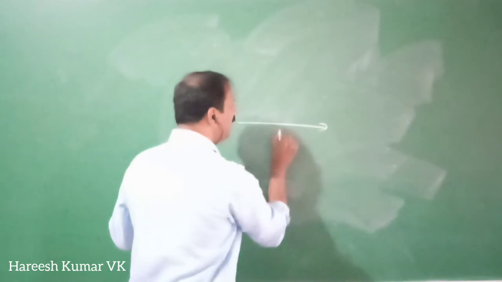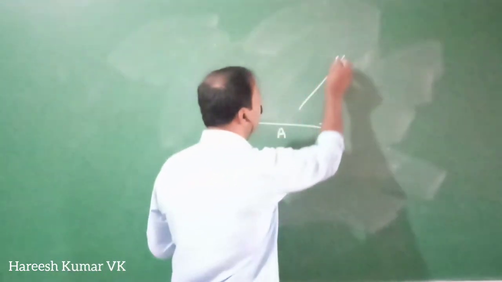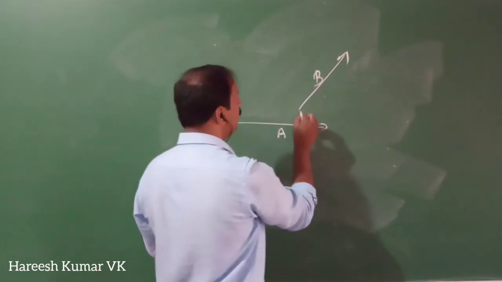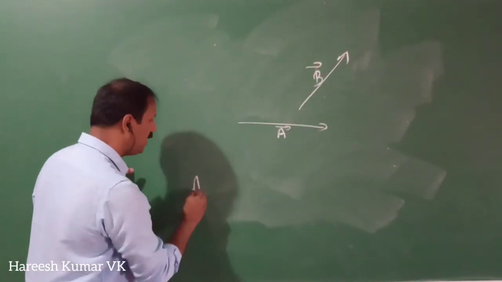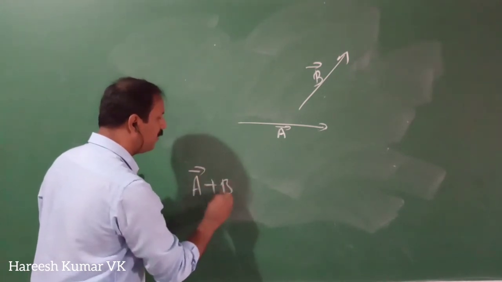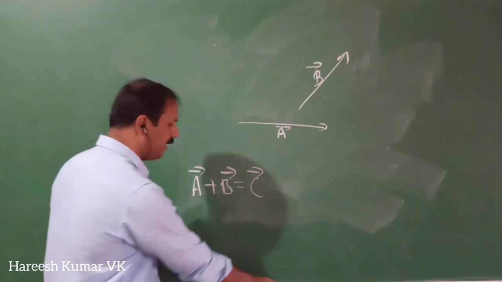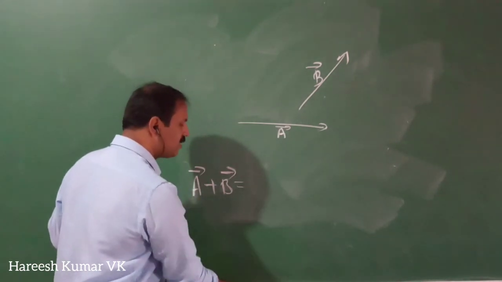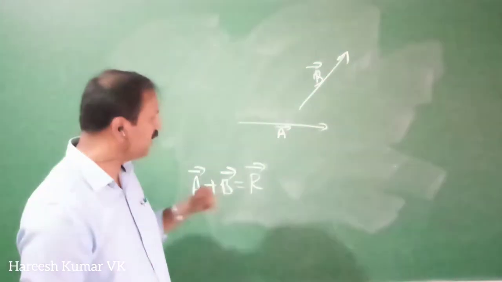If you have two vectors, a vector A and another vector B, and you want to add them, this is A, this is B. You have to add vector A plus vector B equal to vector C, for example. Otherwise we will write vector R, because when two vectors are added, we use the word resultant. So the resultant R.